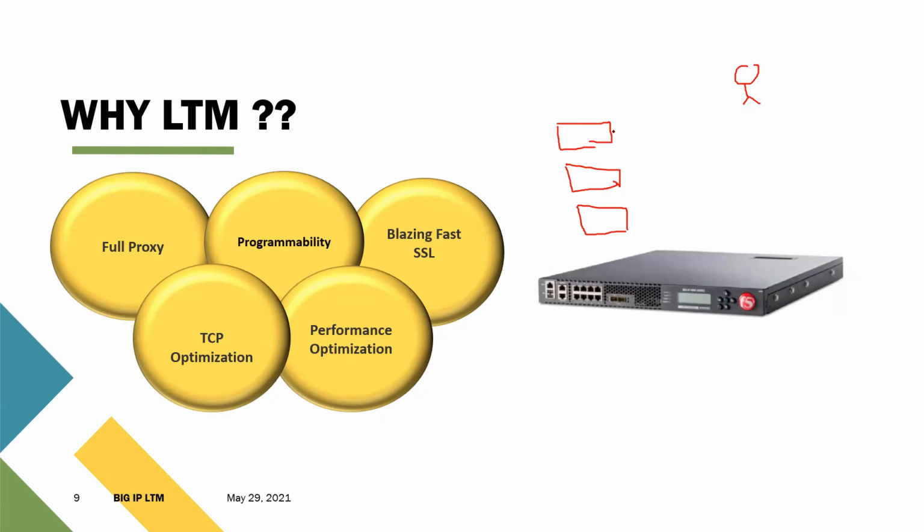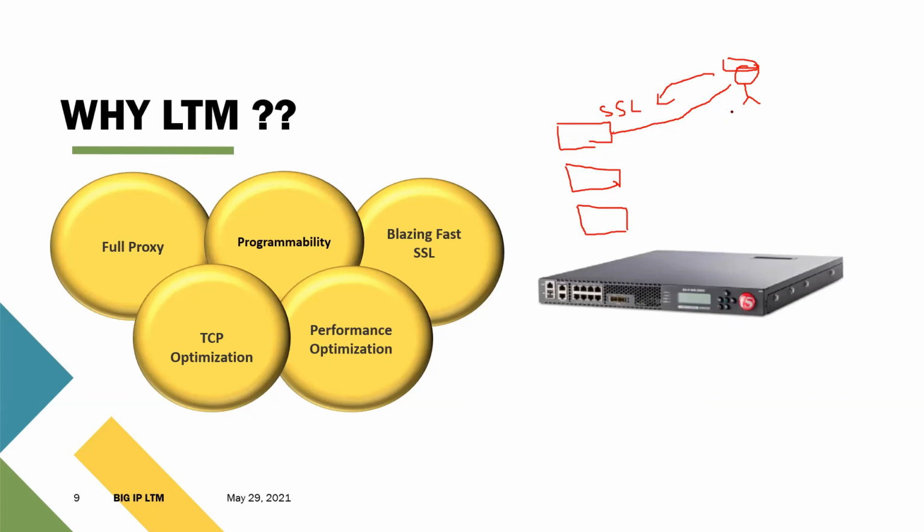If he wants to communicate directly with this server, there has to be an SSL certificate on this, and this user's browser will communicate with this SSL certificate, and the resources of this server will be consumed doing this, right? As I mentioned initially, just in case you are using DNS load balancing, the user directly talks with the server.